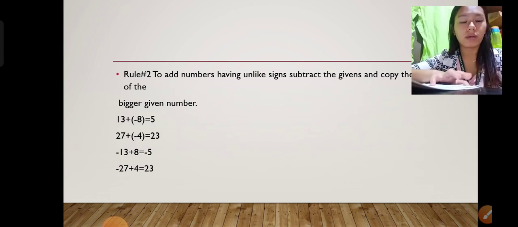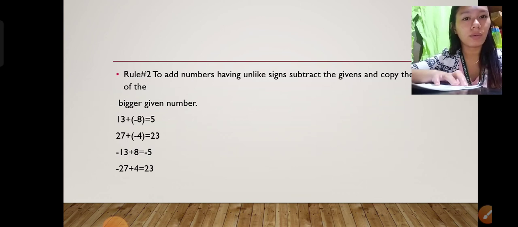Okay? So the next is 27 plus negative 4 is equal to 23, since the bigger number is positive, so our answer is positive also. We subtract because they are unlike signs. So 27 minus 4 is 23.